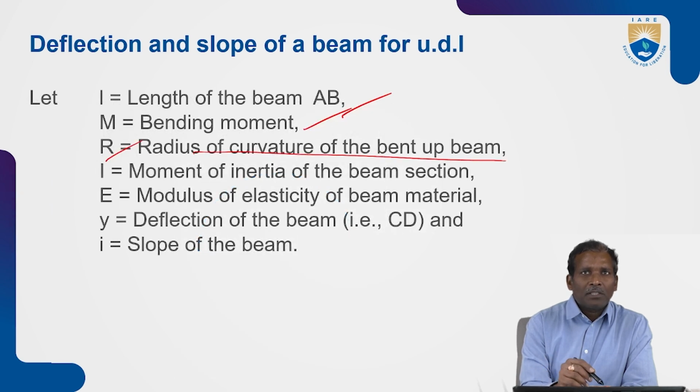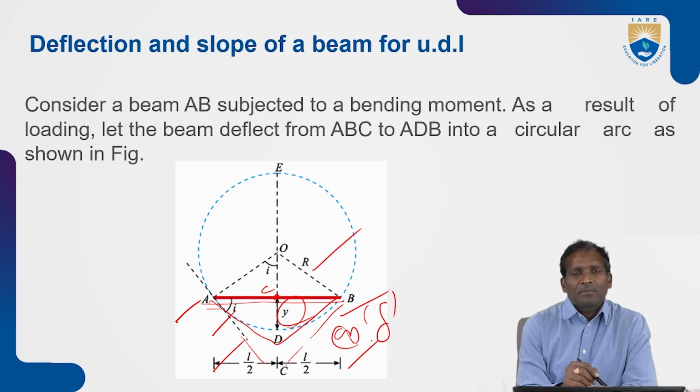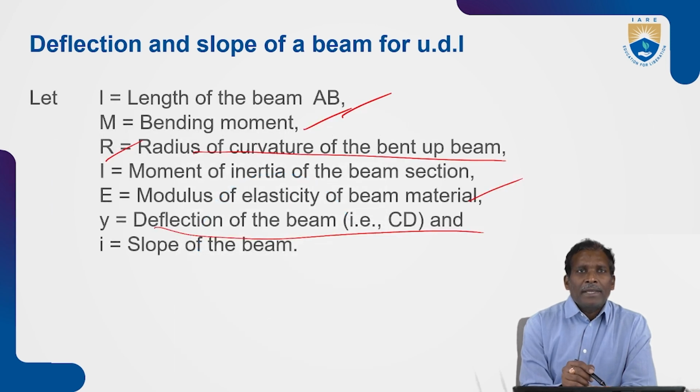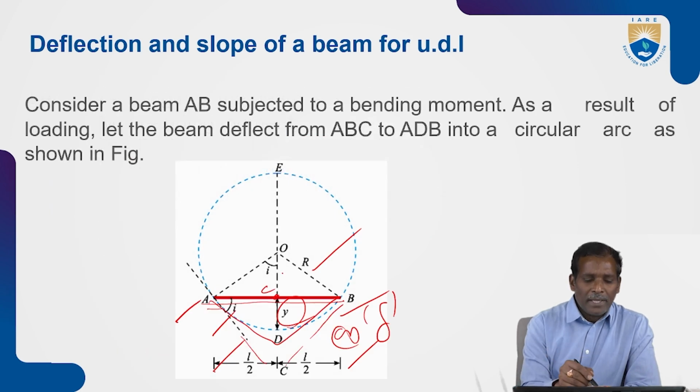I is the moment of inertia of the beam section, E is the modulus of elasticity of the beam material, and Y is the deflection of the beam, that is CD, C to D, the deflection Y or delta from ABC to ADB. The slope of the beam is theta.